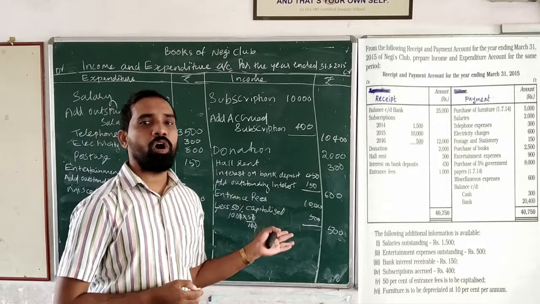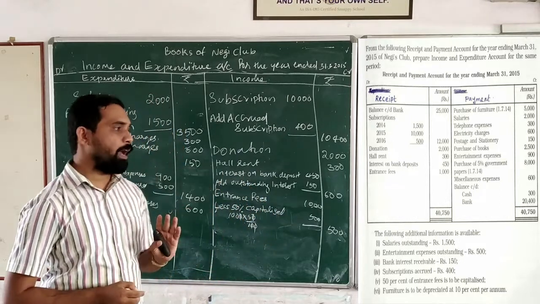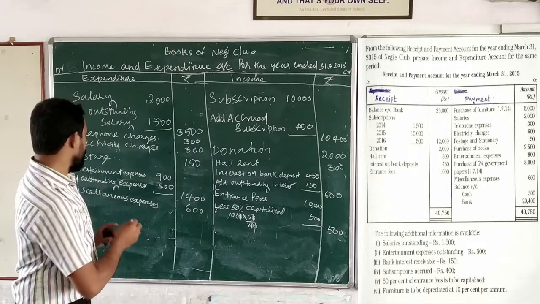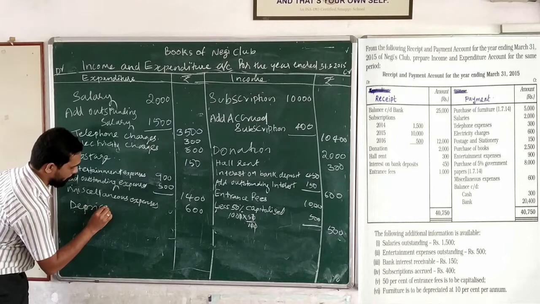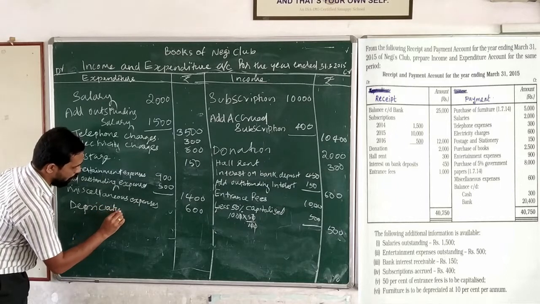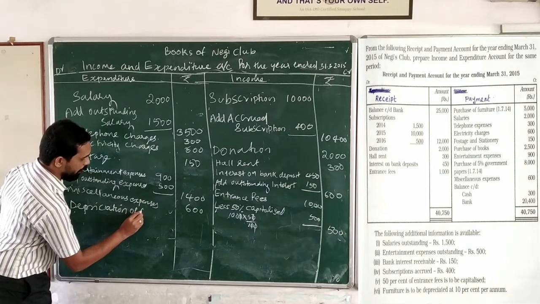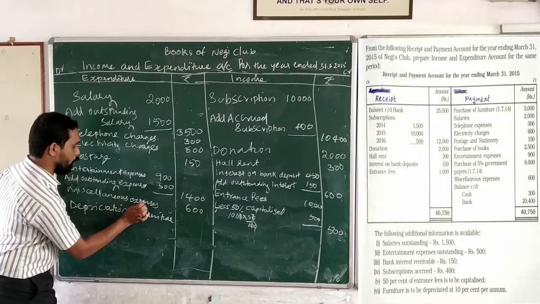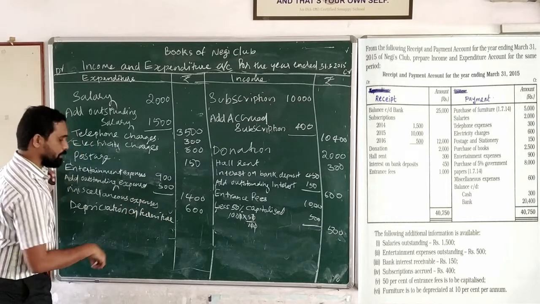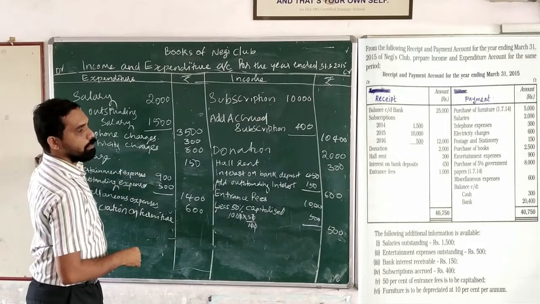So it's shown on the expenditure side of income and expenditure account. So depreciation of furniture, at 10%.